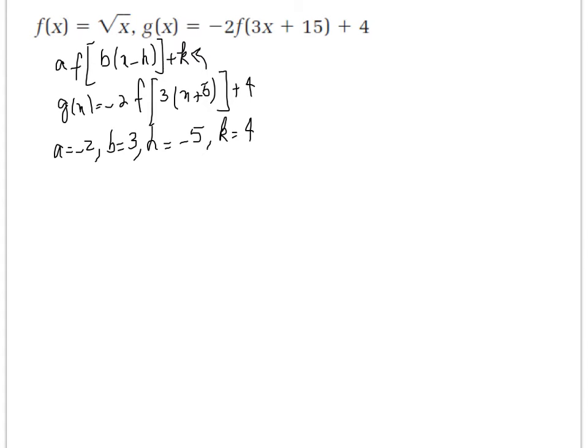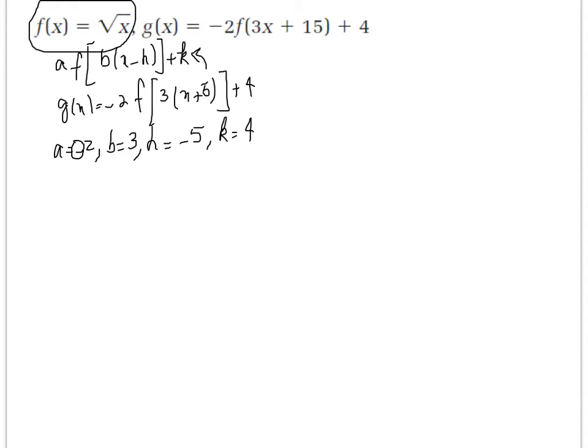So this means that if I start with the base function, which is the square root of x, first I reflect it about the x-axis because of the negative 2 here, then I stretch it along the y-axis because of 2, which is greater than 1.